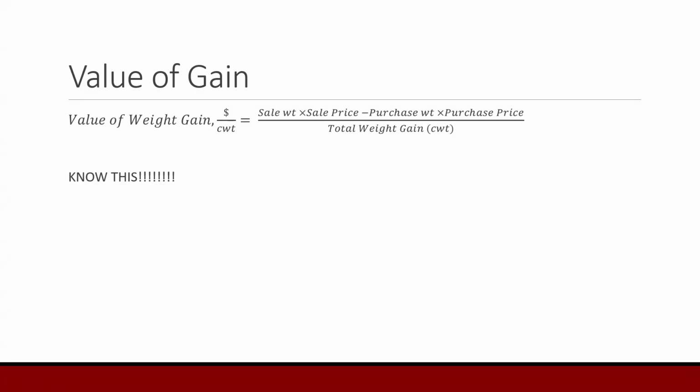Questions? So if I give you a sale weight and a sale price, purchase weight and purchase price, you can calculate total weight gain, because I gave you sale weight and purchase weight. You can calculate the value of gain. Does that make sense?